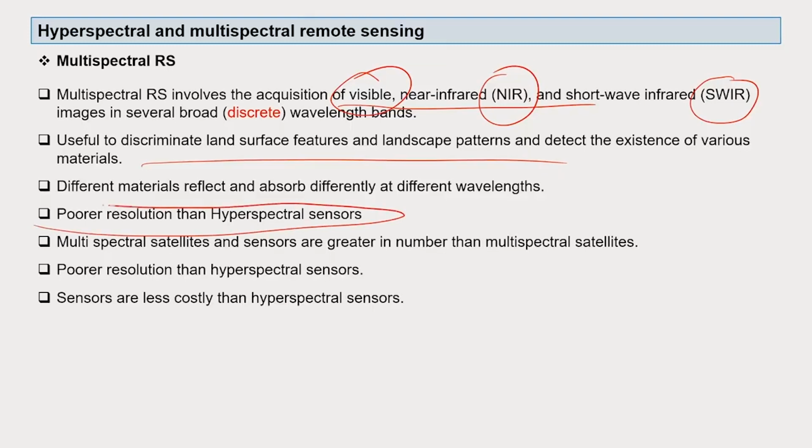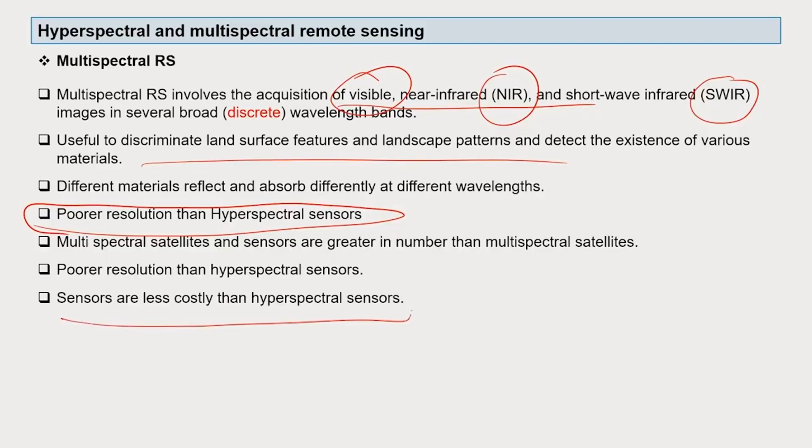Multispectral remote sensing, though, is poorer in resolution, at least in comparison to hyperspectral sensors. Multispectral satellites and sensors are greater in number than hyperspectral satellites. Poorer resolution sometimes affects our analysis, so this is one of the drawbacks people find with multispectral remote sensing.